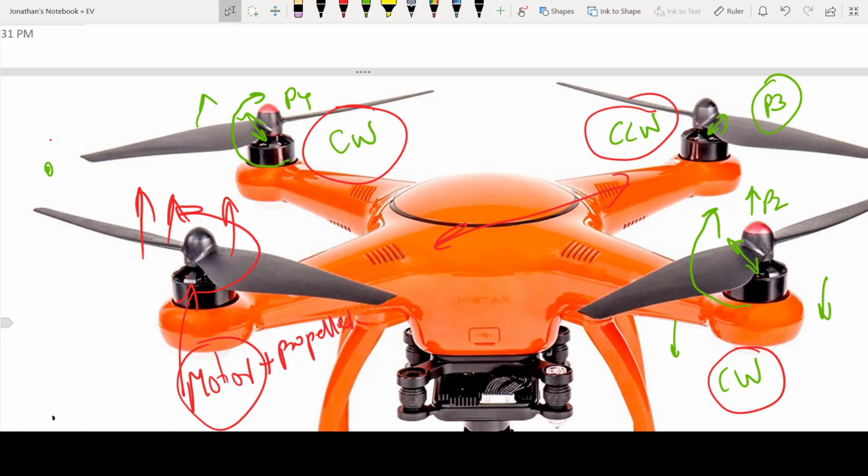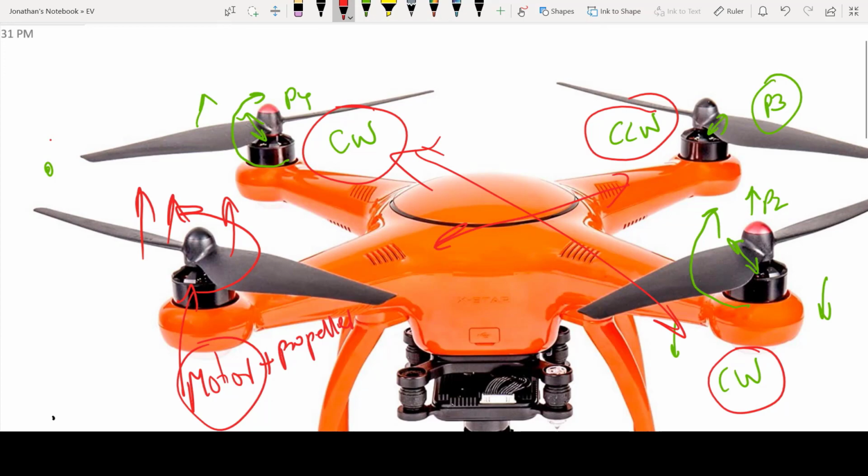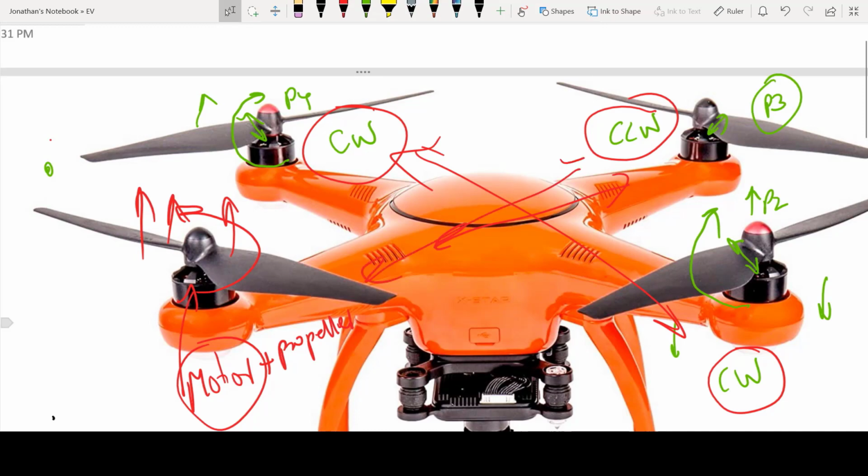Now in the next lecture, I will explain to you why these propellers need to rotate in opposite directions, where you have two opposite motors going in a clockwise direction and two opposite motors going in a counterclockwise direction. And then what we will do is, using our simulator, we will look at all these concepts which I want you to revise.